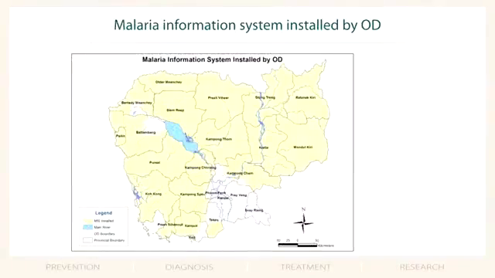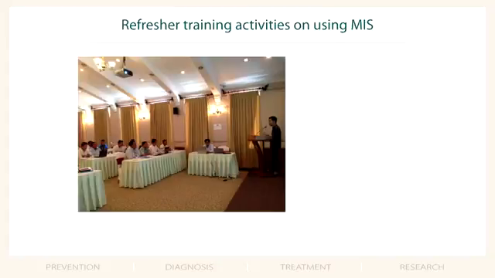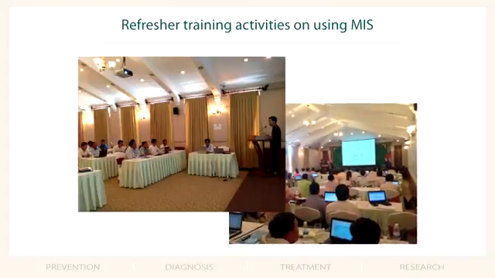This map shows the locations where we have already installed the MIS, in 20 provinces among 24 provinces, and 45 operational districts among 81 districts in Cambodia. This is the activity where we train the OD staff and PHD staff to use the MIS and basic data analysis every year.